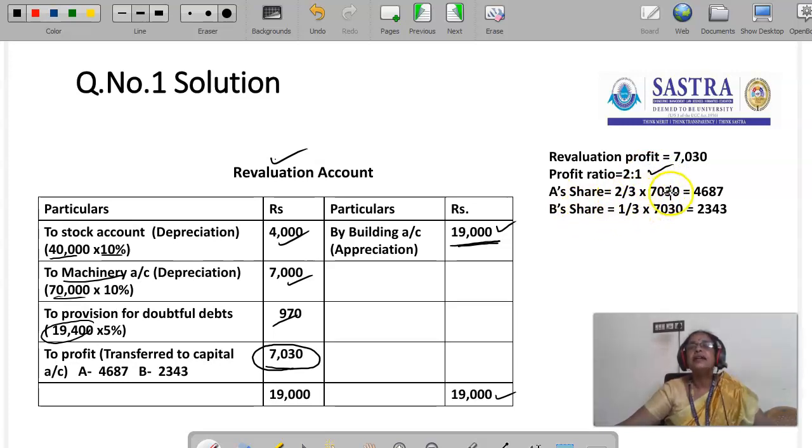A's share is 7,030 into 2/3, that is 4,687. B's share is 1/3 into 7,030, that is 2,343. This revaluation profit should be transferred to partners' capital accounts in the old profit sharing ratio. Revaluation profit should not go to the hands of the new partners.